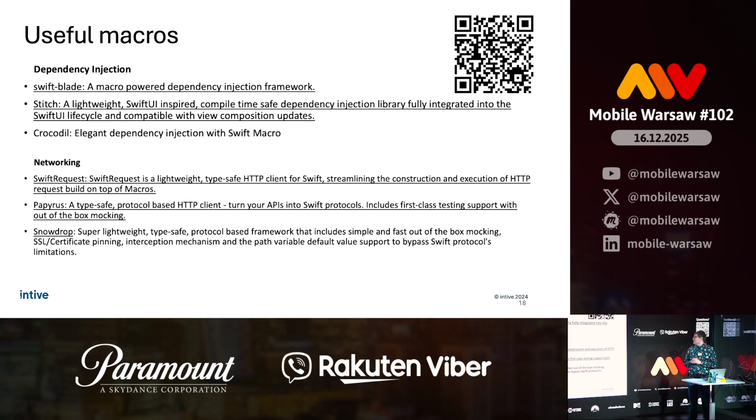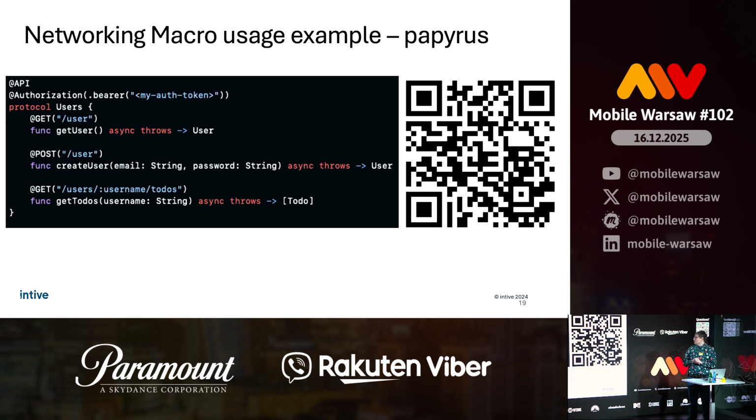I am experienced in using Swift Blade for dependency injection and Papyrus for networking. And I prepared a simple example of how, for example, Papyrus is used. We just add macros. It looks like JavaScript decorators.